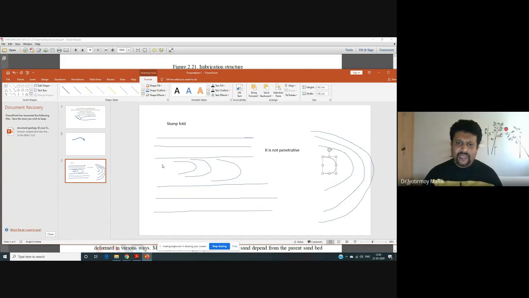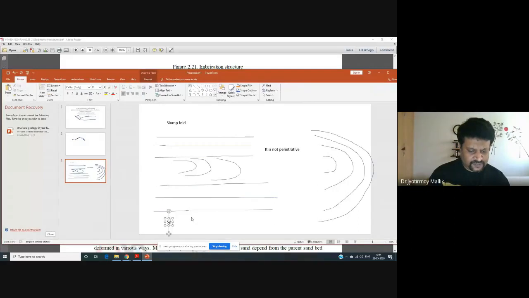Okay, and that is preserved in the rock signature. But then that episode of deformation is very short lived. It came and it vanished, and then again these layers of sediments started to get deposited. So if you find such folded or deformed structures which are restricted within only a set of beds and which are not penetrative, you immediately know that this is a product of penecontemporaneous deformation, right?